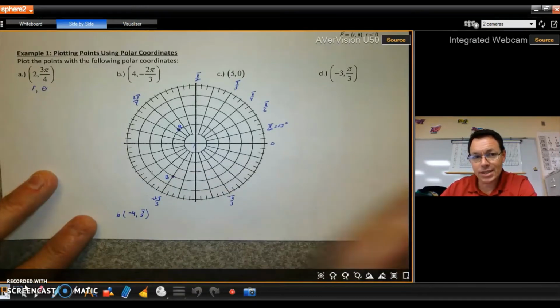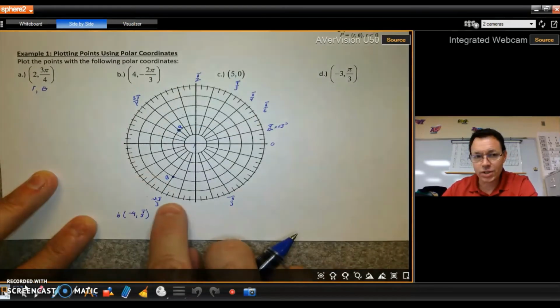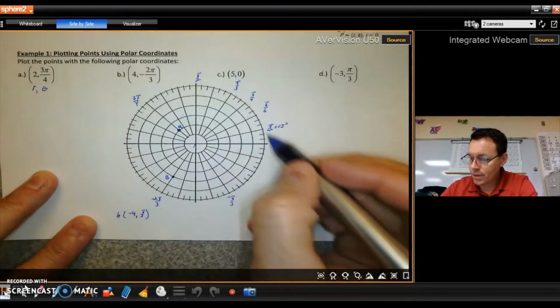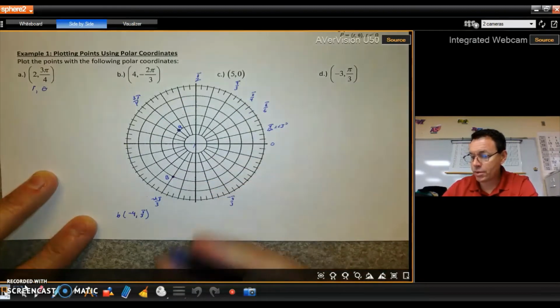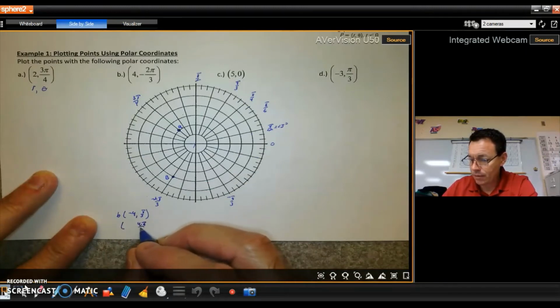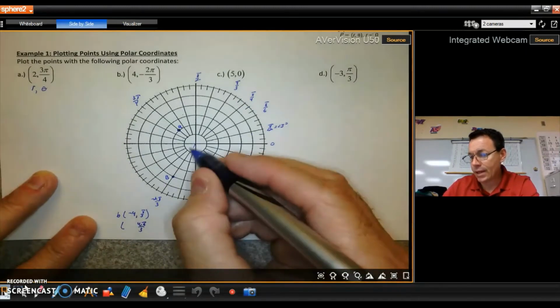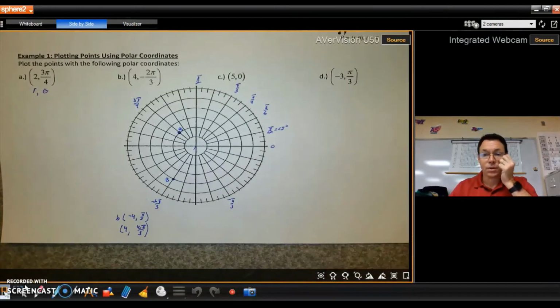Or instead of negative 2 pi over 3, what's that exact same angle written in a positive direction? Well, this is 1/3, 2/3, 3/3, that'd be 4/3. So I could have called that point 4 pi over 3, that's the angle, and then still gone out positive 4 in that direction. So they're kind of unique that way, where I can talk about the same point in like 4 different ways, depending on telling you which way to face and whether you walk forwards or backwards.